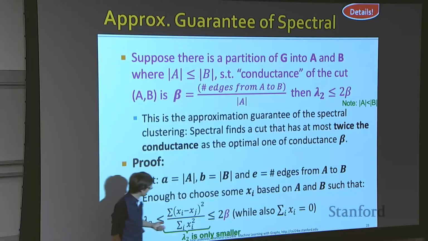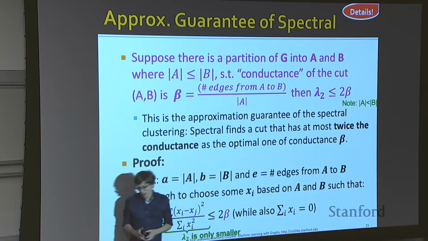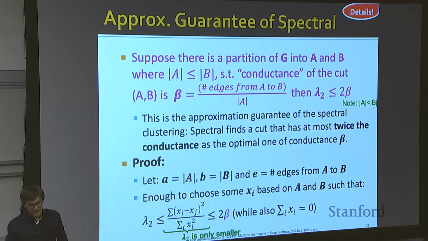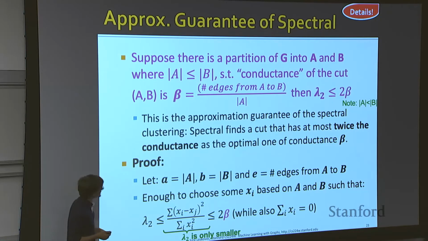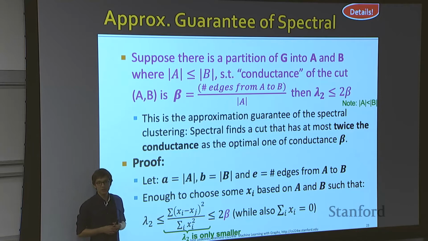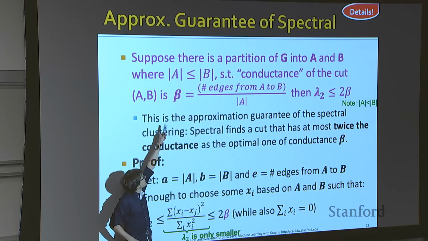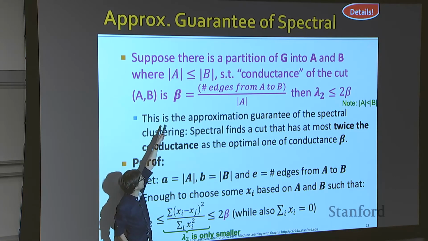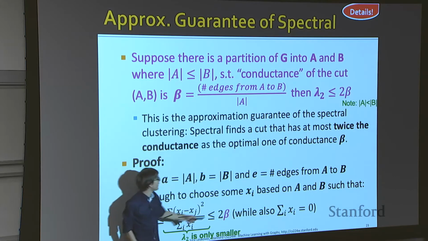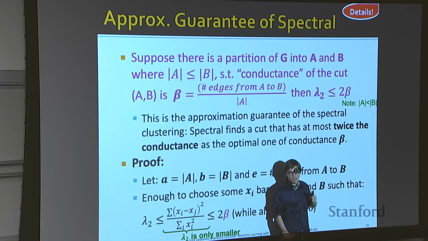This is important because there is a beautiful theorem, again, proof follows, where you can show that this type of spectral clustering of the graph Laplacian will give you a near optimal solution. So essentially what this is saying is, if in the graph there exists a cut of conductance, now remember we defined conductance at the beginning of the lecture, of conductance beta, then lambda 2 will be smaller than 2 times beta.